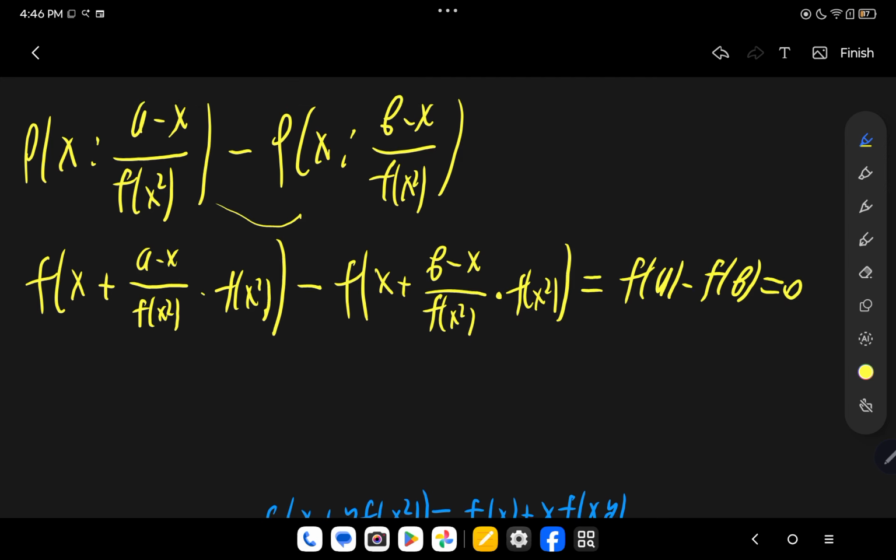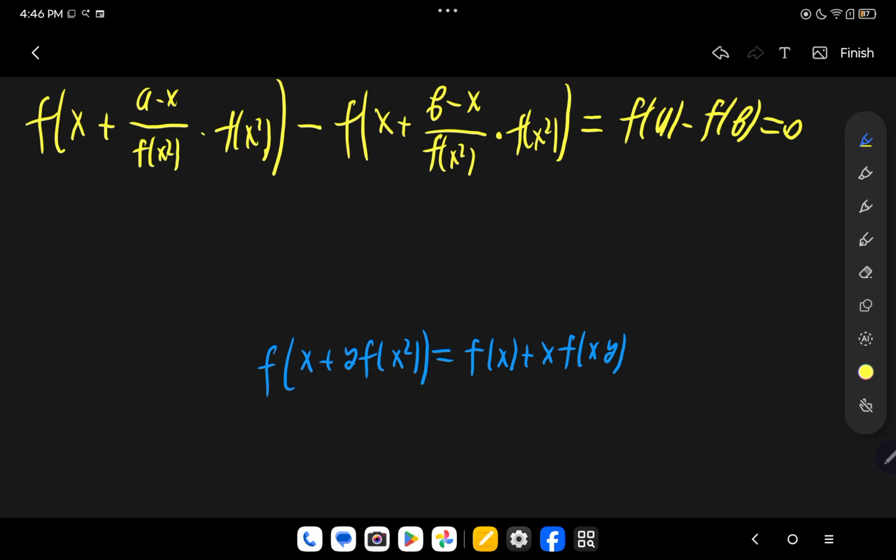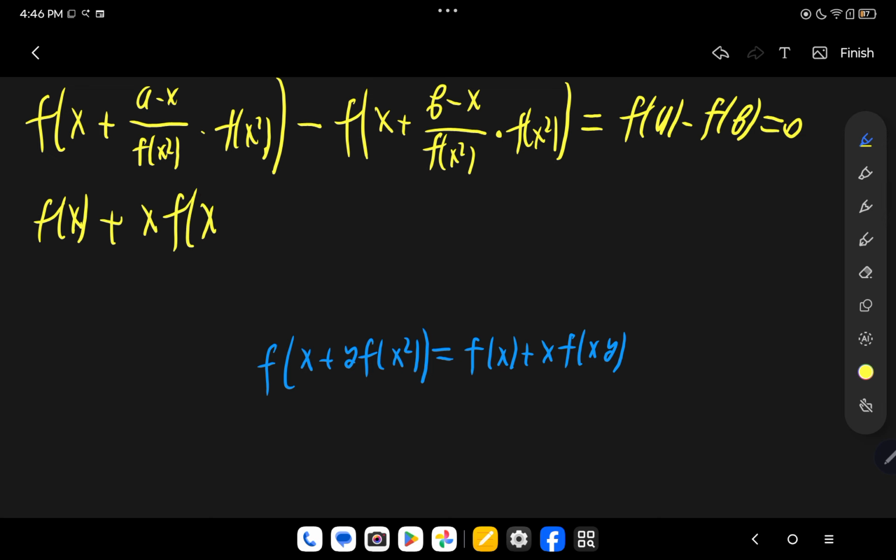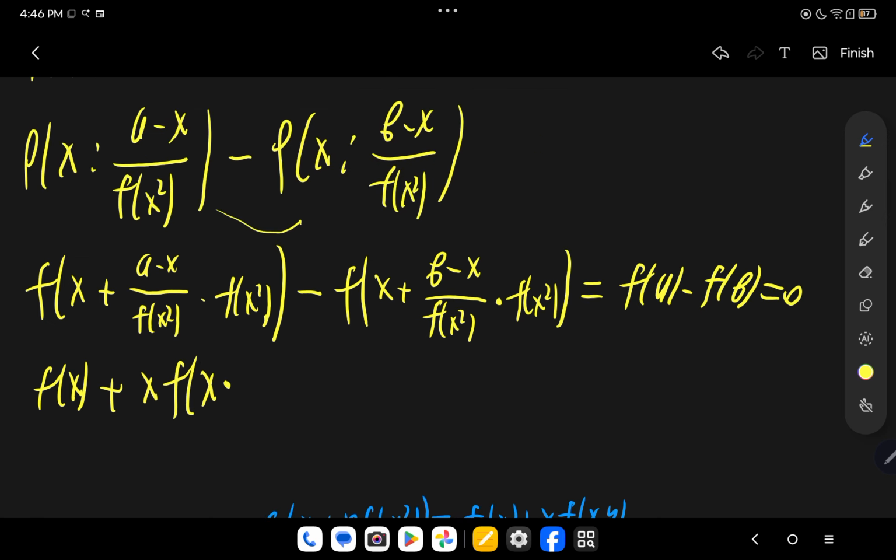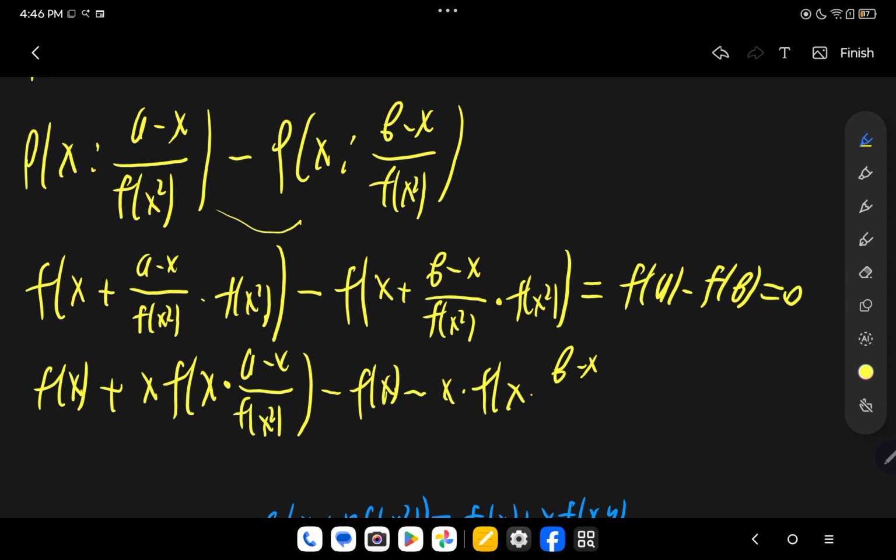And on the right hand side, we get f(x) plus x times f(x) times (a minus x) divided by f(x) squared minus f(x) minus x times f(x) times (b minus x) divided by f(x) squared. And we know that this is 0.